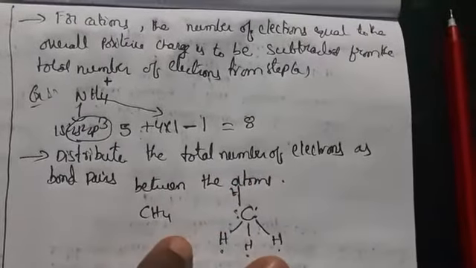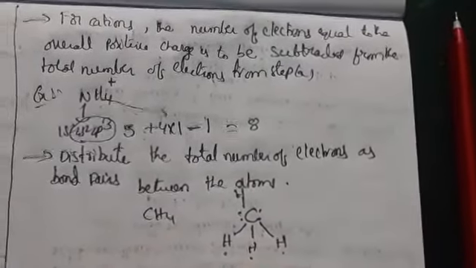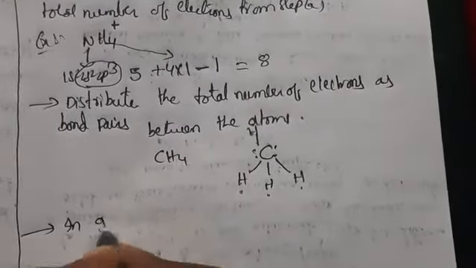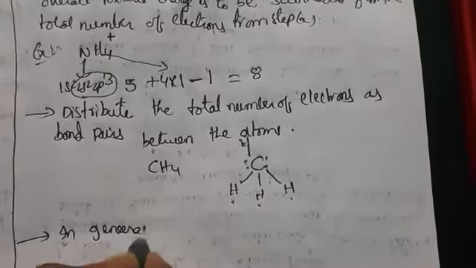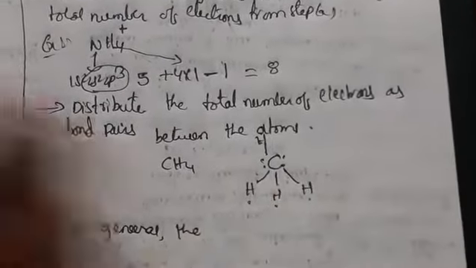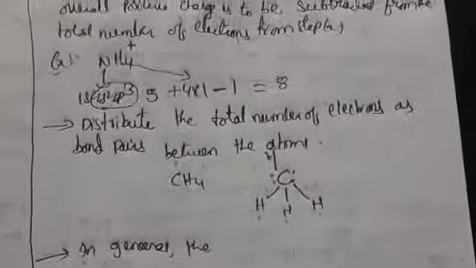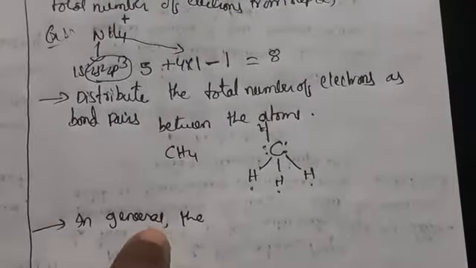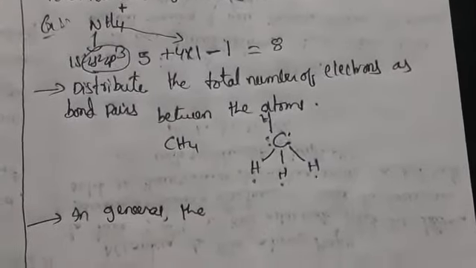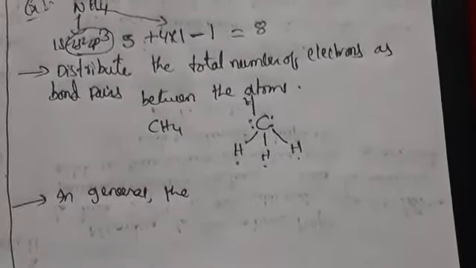So next, in general, what is the next rule we can say? In general, the least electronegative atom is made the central atom of the molecule or ion.